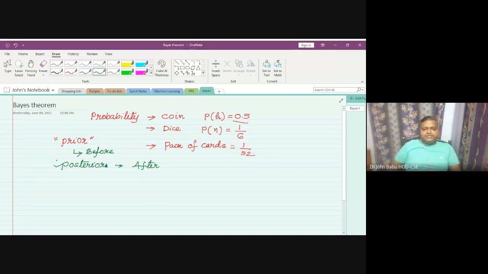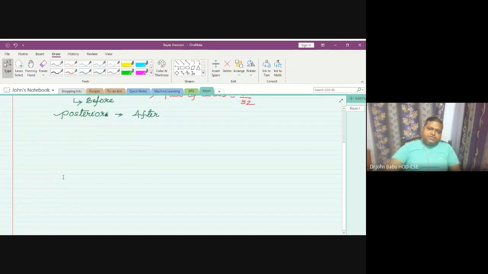So in most of the examples, except this coin, dice, and pack of cards, in real life, the probabilities are not definite. You cannot fix something like this. There is a range. For example, let me explain you with an example.